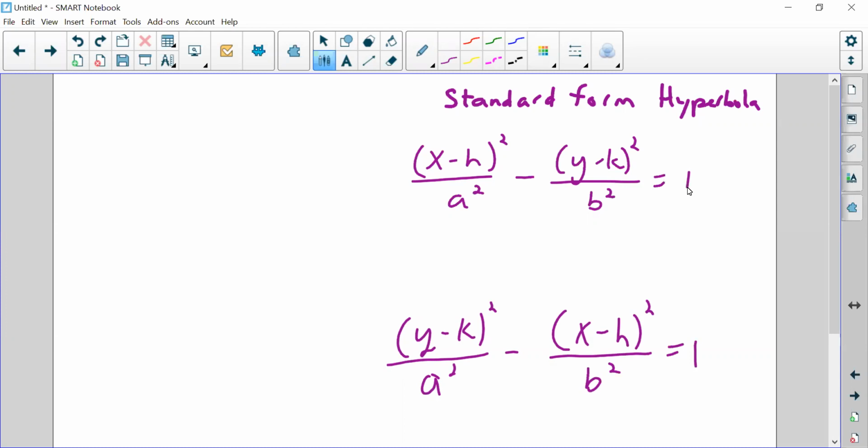Depending on which one is positive, you write your positive term first.